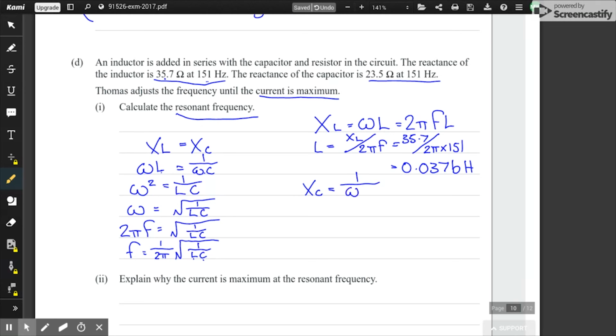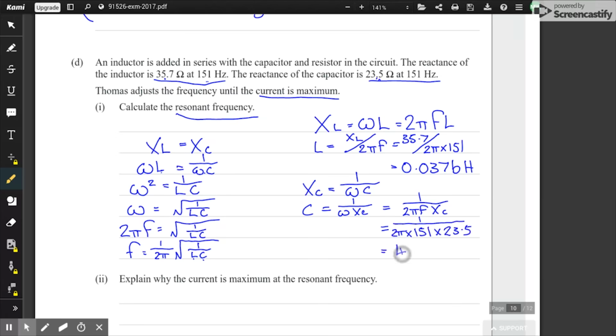Okay, now for our capacitor, we can do the same, but our equation for capacitance is a little bit different. With a bit of rearranging, we can solve that for our capacitance if I multiply both sides by C and then divide both sides by our reactance, where our angular frequency is, of course, 2 pi f times our XC. And I can just put my numbers in now.